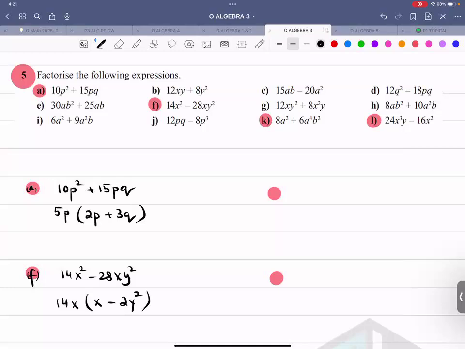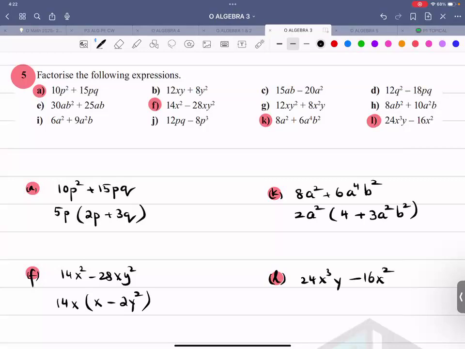Okay. K. 8a square plus 6a power 4b square. And this is 2 common, a square common, and 4 plus 3a square b square. And the last one, L, that is 24x cubed y minus 16x square.